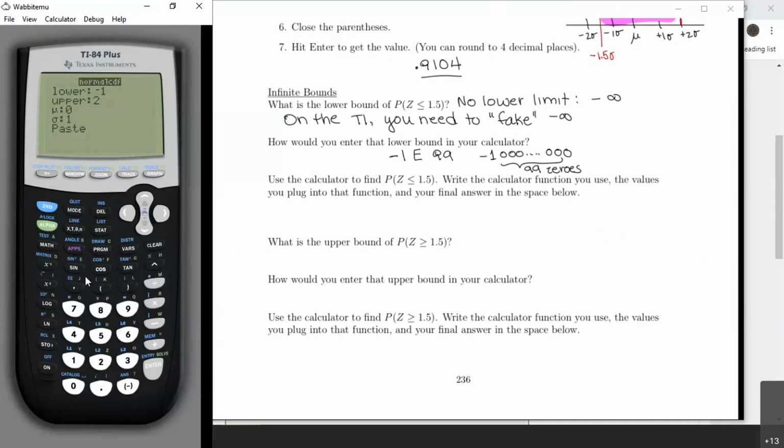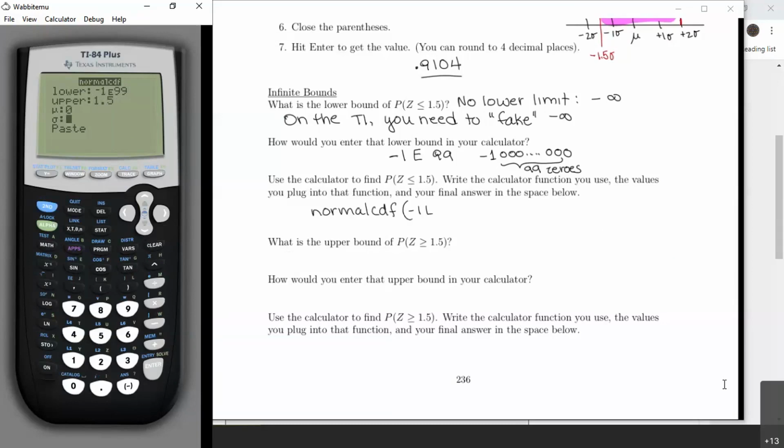You get it with this double E symbol above your comma. So second, comma, there's the little e, and then 99. And then you have 1.5 as your upper bound, same mean and standard deviation as before. So essentially what we're typing in is normal CDF.